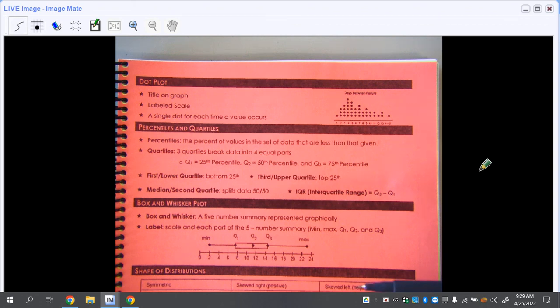Percentiles and quartiles. A percentile is the percent of values in the data set that are less than that given value. This is used a lot when you were babies, which I know you totally don't remember because you were a baby, but this is used all the time. When you're a baby, they constantly measure your height, your weight, and your head circumference to make sure that you are growing the way that you should be growing.